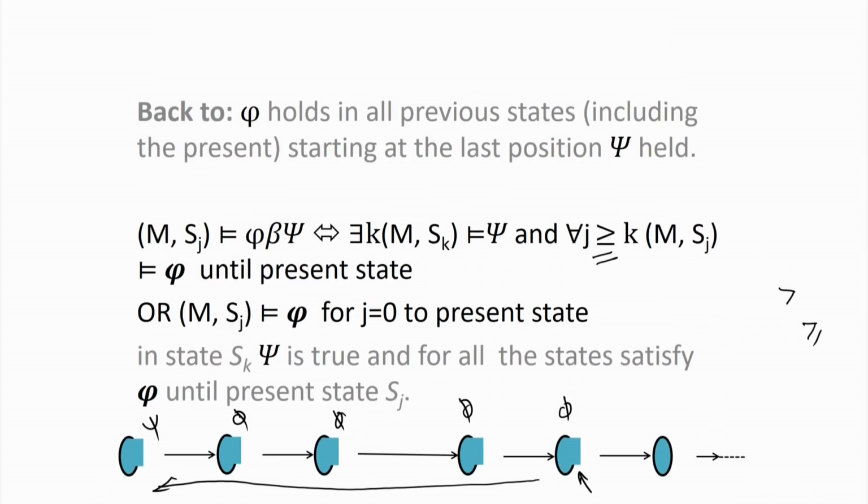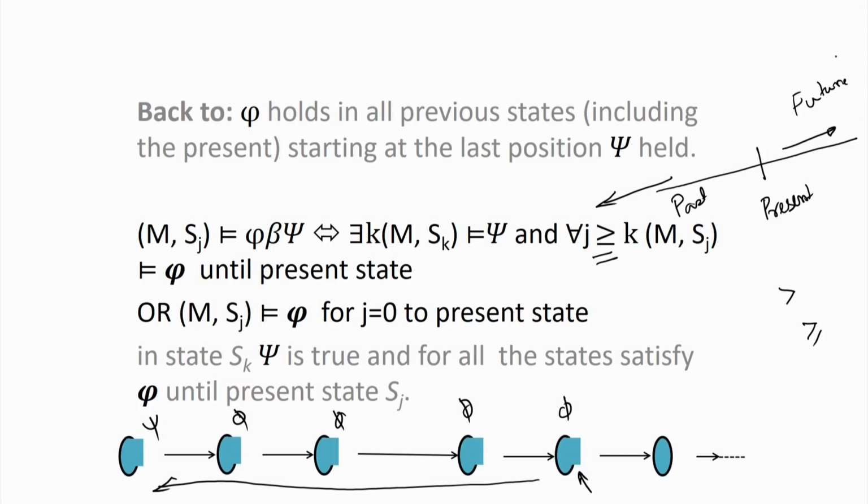Here I can say that if this is the timeline, and this is my present, and here I have the future, and here I have the past. Now, how are we defining the semantics? Future includes the present.